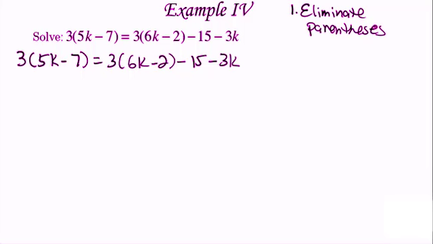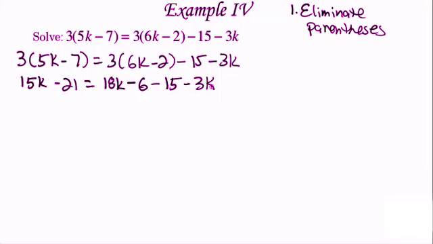And recall, again, we're going to use the distributive property in order to remove the parentheses from the equation. 3 times 5k, that's 15k minus 21 equals 3 times 6k is 18k. 3 times negative 2 is negative 6 minus 15 minus 3k.